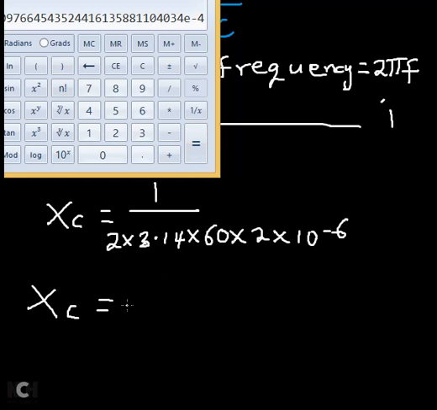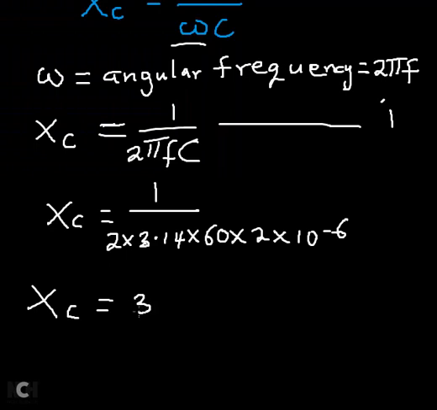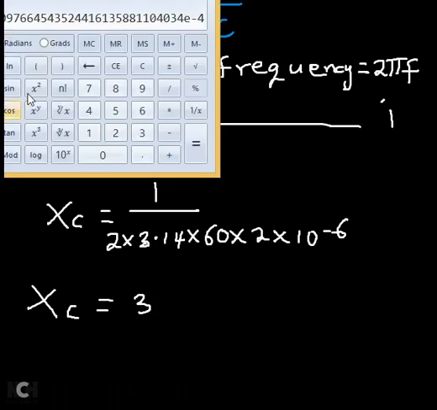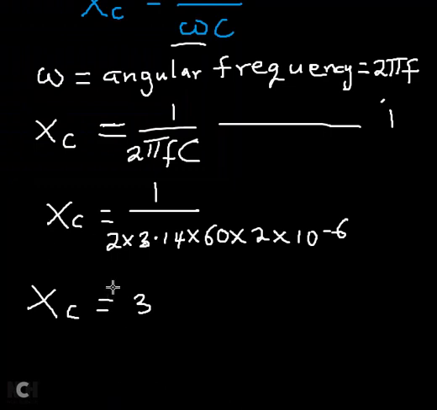Am I mistaken? Let me do that again. I have 1 divided by bracket open, 2 times 3.14 times 60 times 2, bracket close. So here I'll have 0.00132.